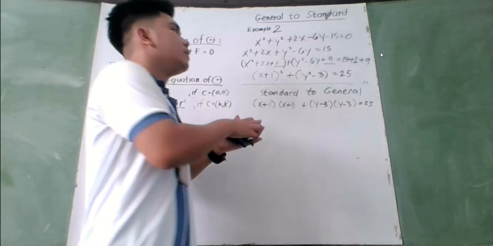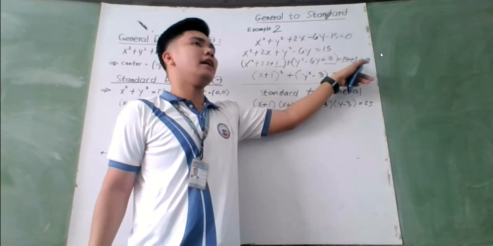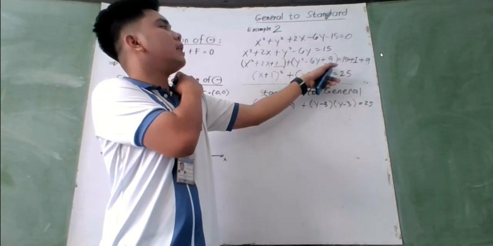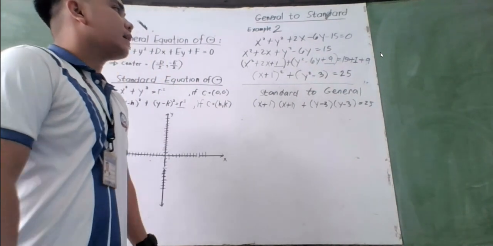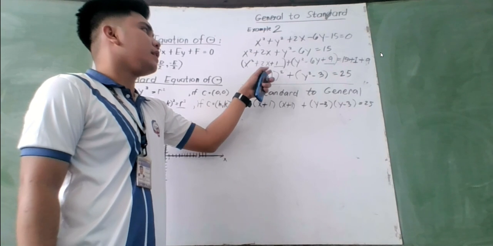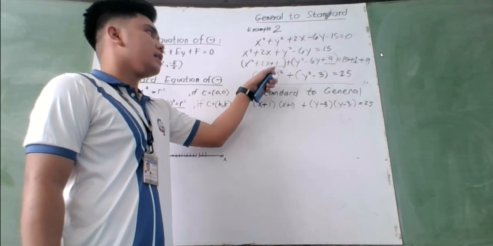And since you added 1 here, you should also add 1 to the right. Added 9 to the left, also add 9 to the right. And then we simplified it. Finding the factors, again, how to find the factors. 1 times 1, that is 1.